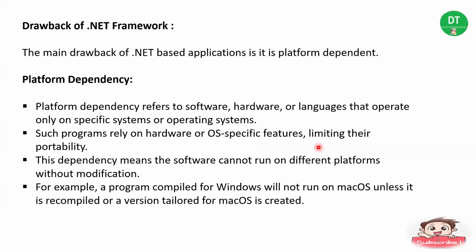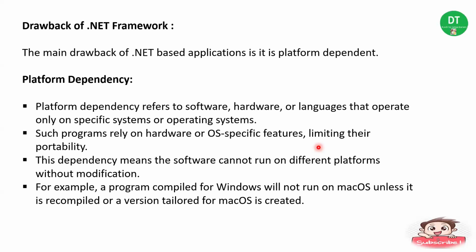So if I am creating an application that runs on the Windows operating system, and the application is platform dependent, then it will run only on Windows, and it will not run the same application on the Linux operating system. So this is a drawback. It means an app created for the Windows platform will not run on Linux.